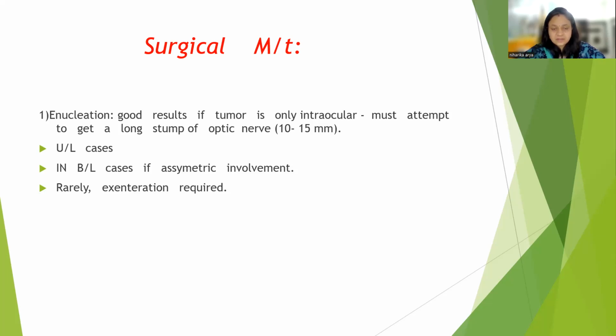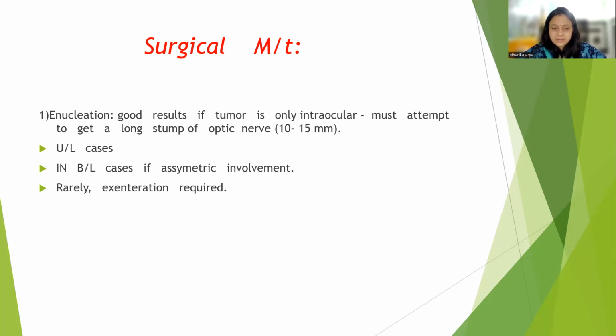So enucleation gives a good result if the optic nerve is also removed, about 10 to 15 mm. In unilateral cases, we have to do enucleation. In bilateral cases with asymmetric involvement, rarely exenteration is required. Exenteration is a very destructive procedure.